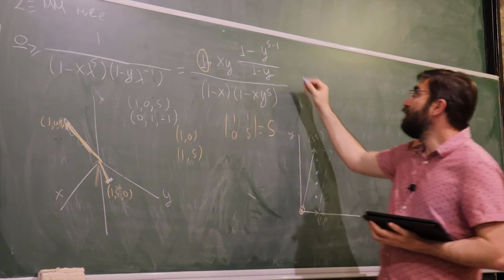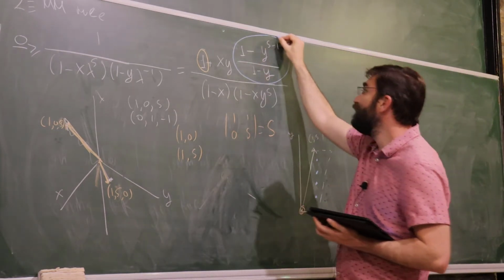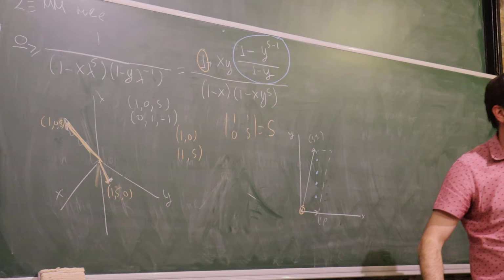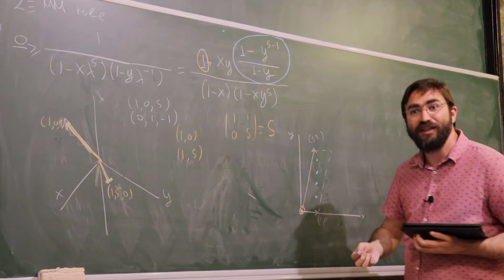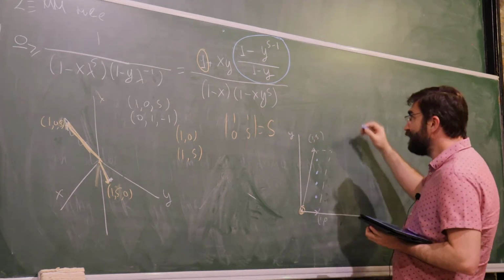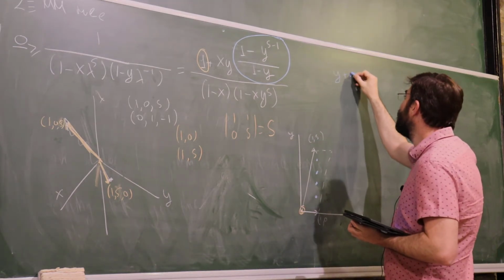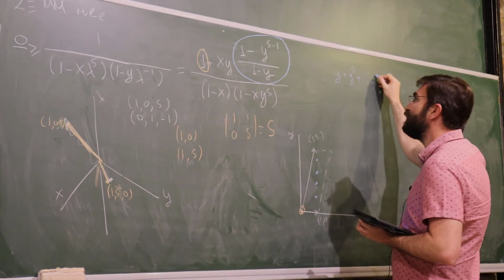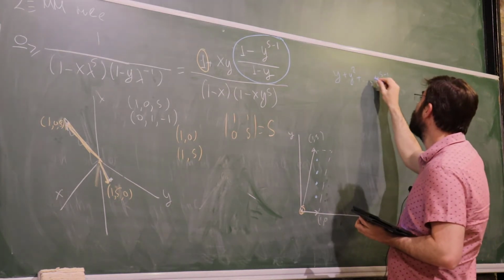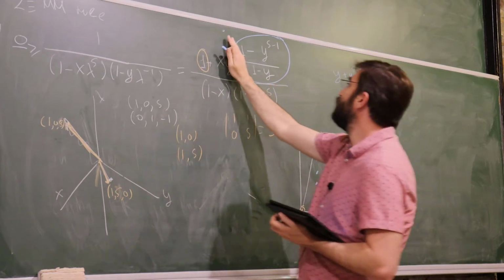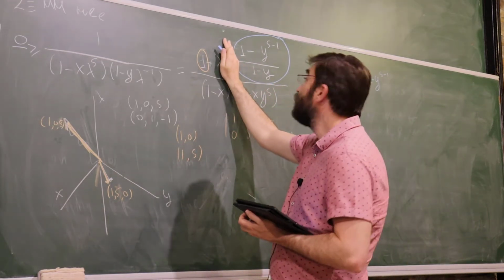Okay. What is this? Sorry? 1 plus y plus y squared over the 2 s. Exactly. So this is a finite geometric series, right? X times y. Sorry? X times y. Well, not yet. Yes. This part, right?